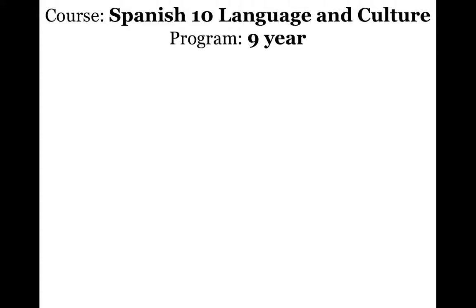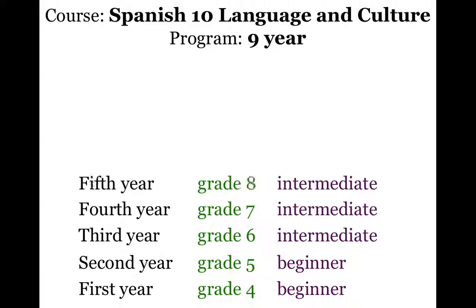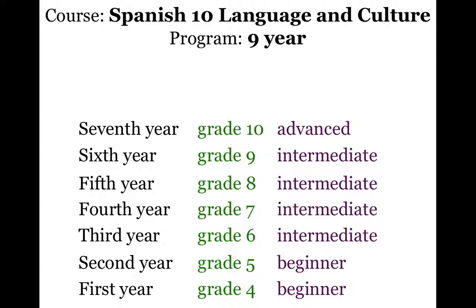The program you'll see a lot is 9Y, or the 9-year program. What does that mean? That means you're in a program that literally takes 9 years to complete, and it starts in grade 4. So hopefully you started in grade 4 with 4-9Y, and you are all the way up here. Congratulations, you are in the 7th year of the 9-year program, which means we are dealing with quite advanced Spanish.